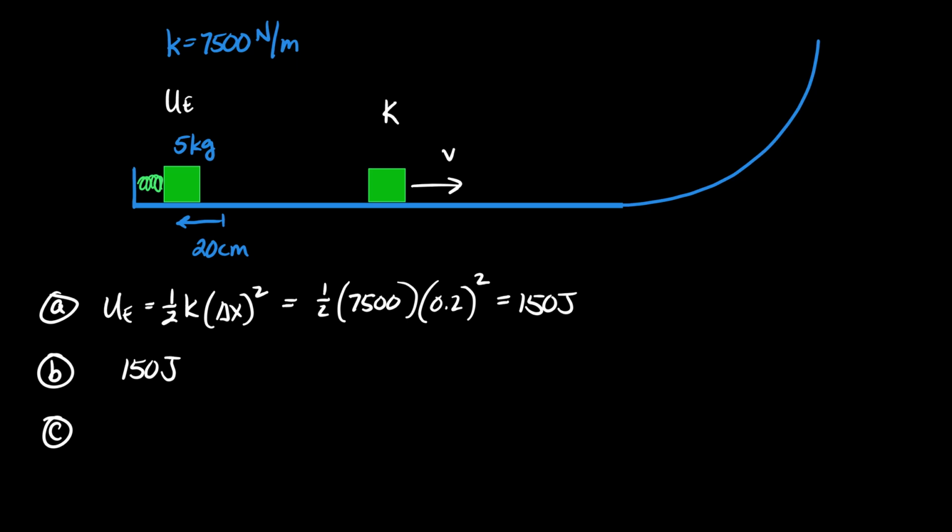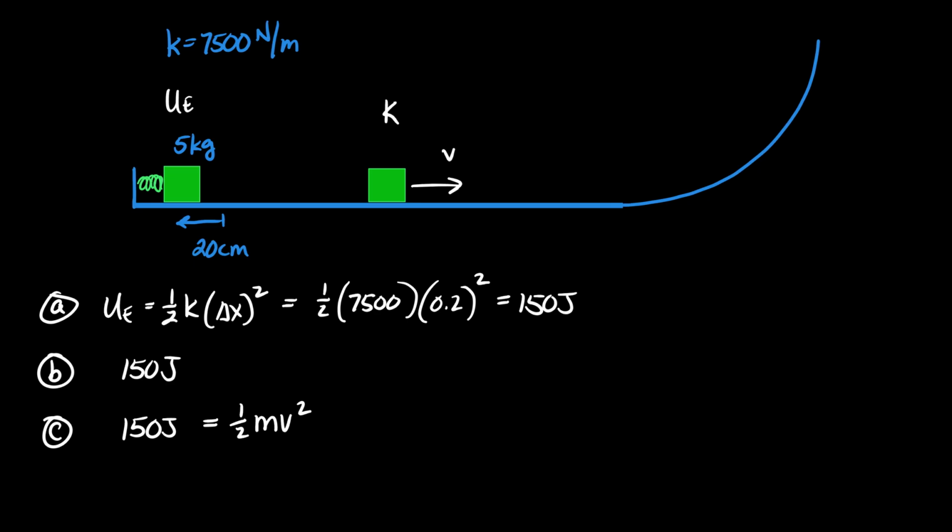And since the height of the object never changed, I'm not going to consider gravitational potential energy. And I'm going to state that the 150 joules of energy that the box had as elastic potential energy is now going to be in the form of kinetic energy. Does that make sense?